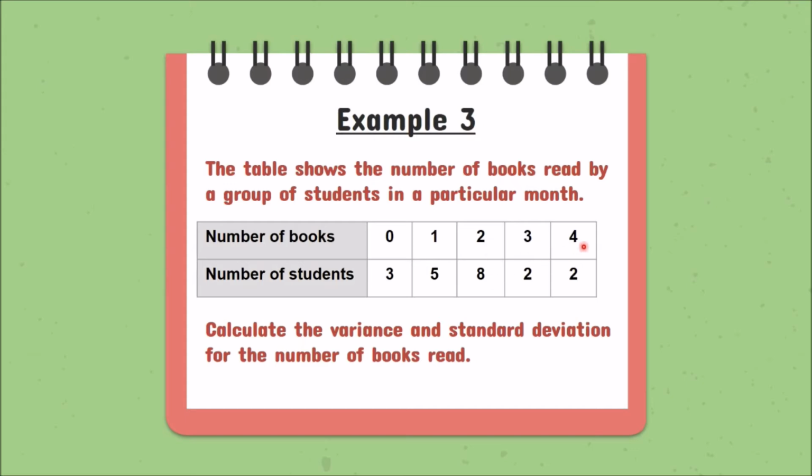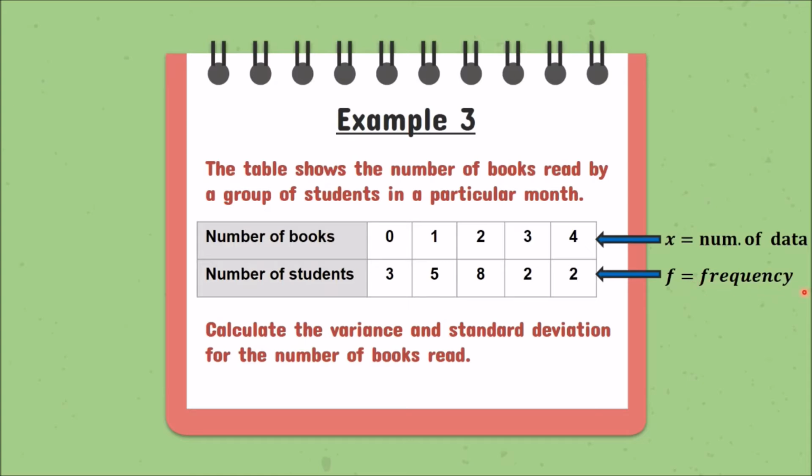So calculate the variance and standard deviation for the number of books read. As we can see now, this is the frequency table. So the number of books is X, which is the number of data, and number of students is F, which is the frequency.